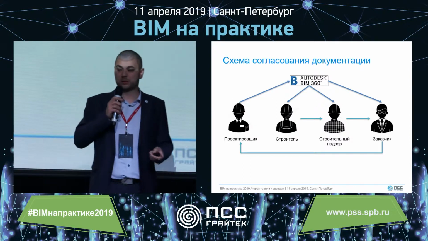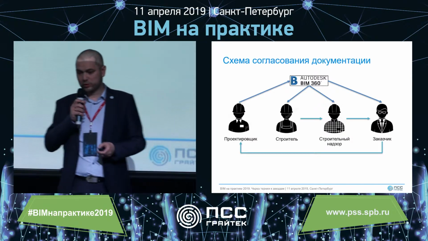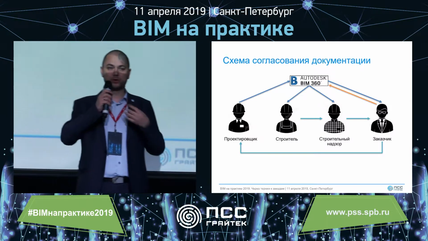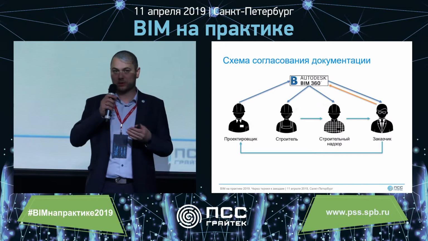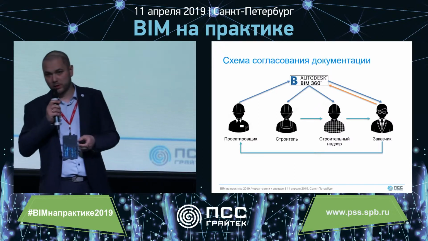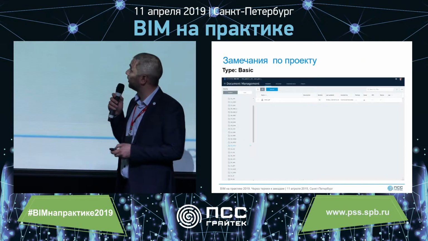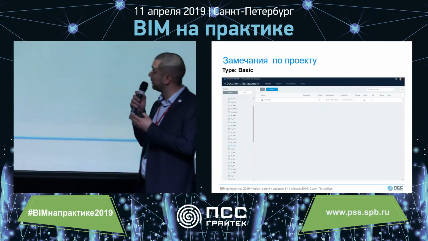After modifications, the designer put data back to the environment, and the cycle repeated itself. After that, when everything was approved, the customer put the approved version to the unified environment.